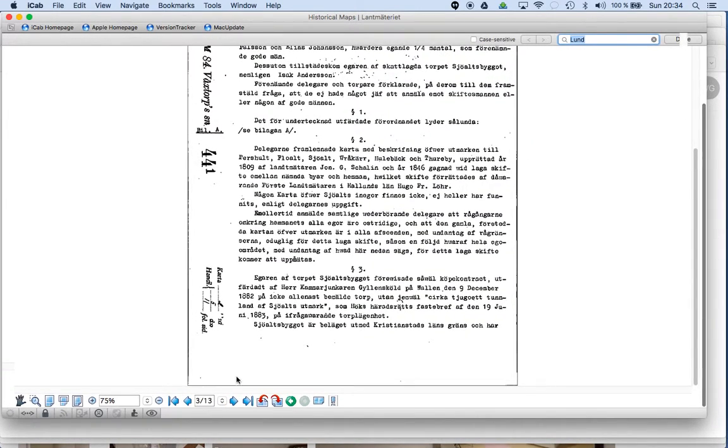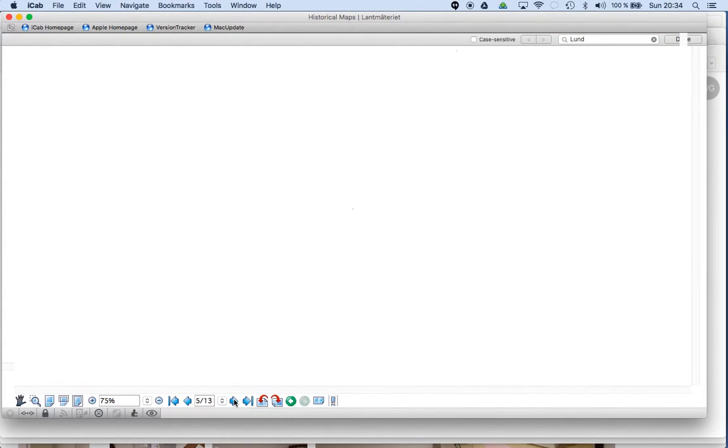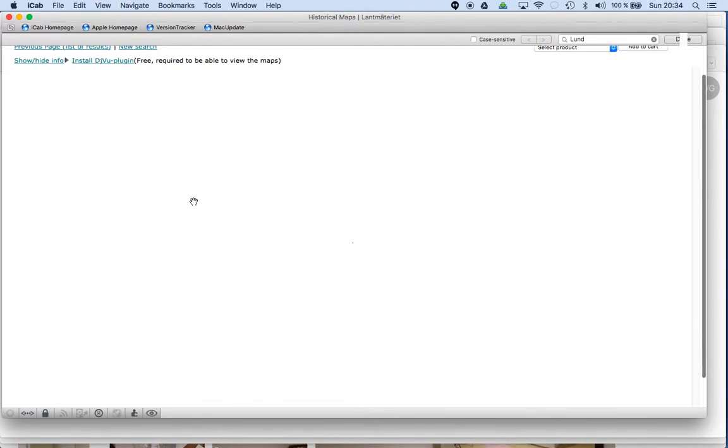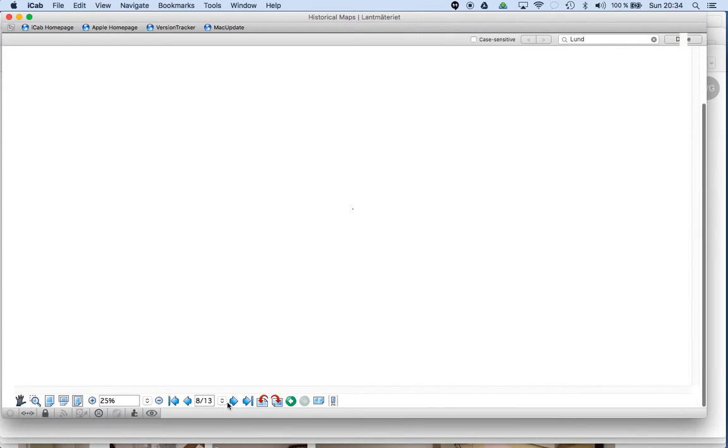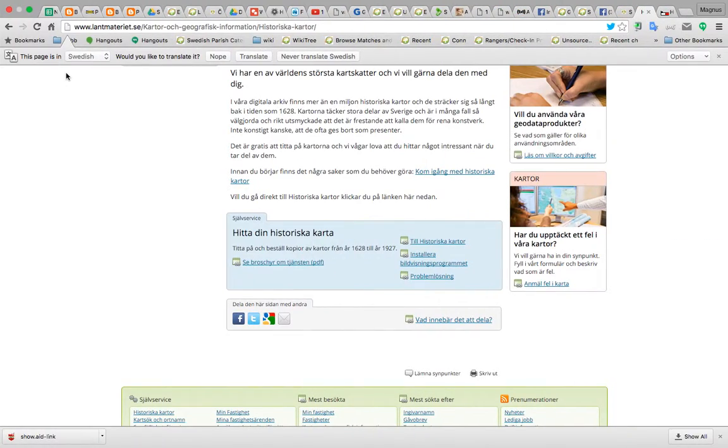Then we have to go to the next page. But this is the document explaining how they split everything, I think. Yeah. Maybe good, maybe not.